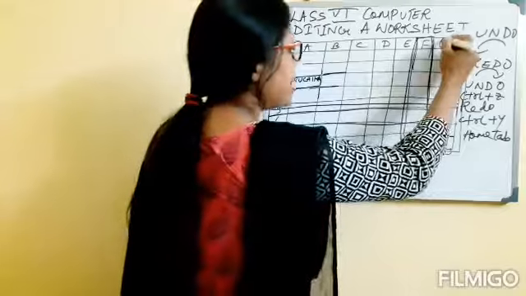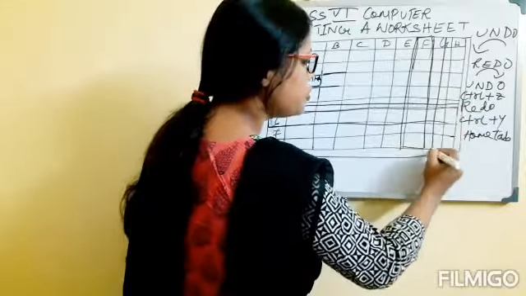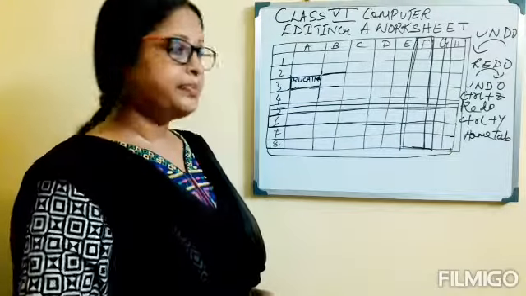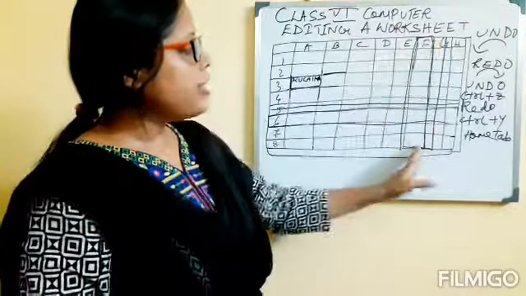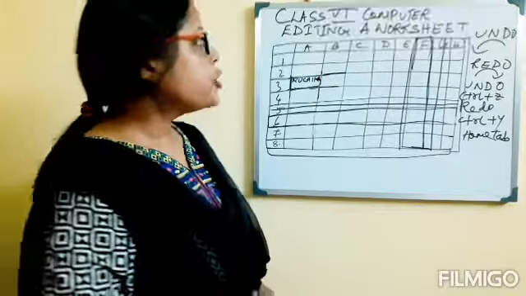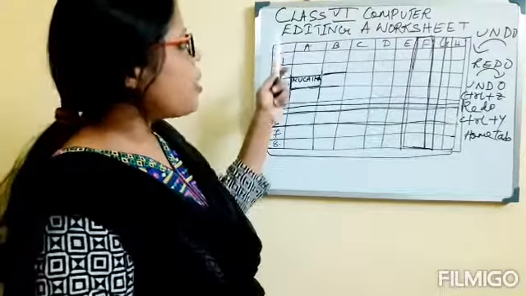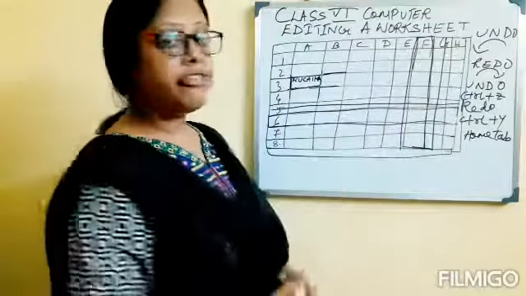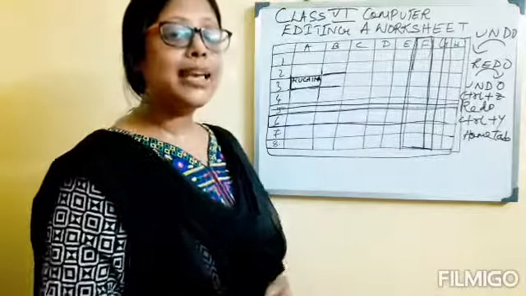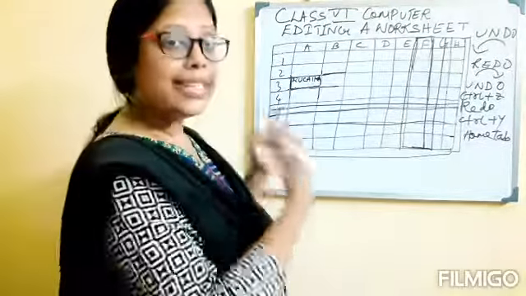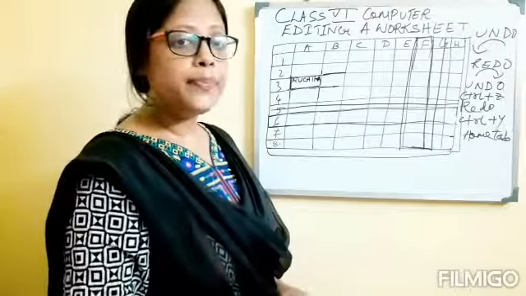So this is the place where your new column gets inserted. Students, I hope you have understood the process of inserting new columns and new rows, and how to delete a particular text or content in a cell.